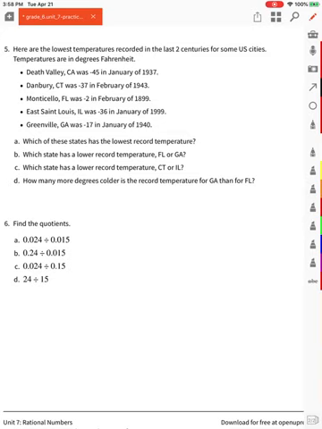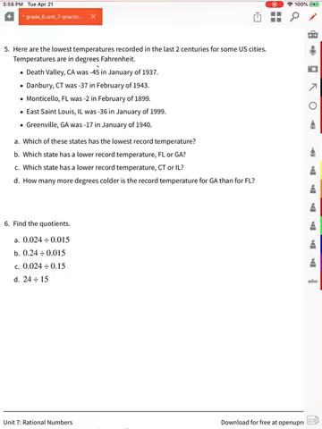So Death Valley, California was negative 45 in January of 1937. Danbury, Connecticut was negative 37 in February of 1943, etc. Which of these states has the lowest record temperature?